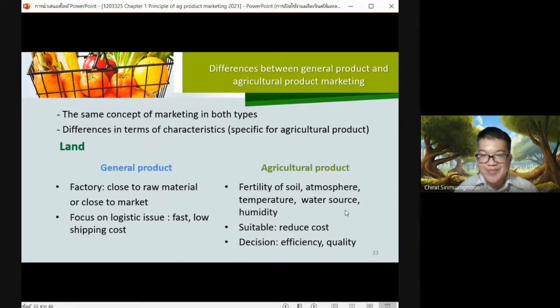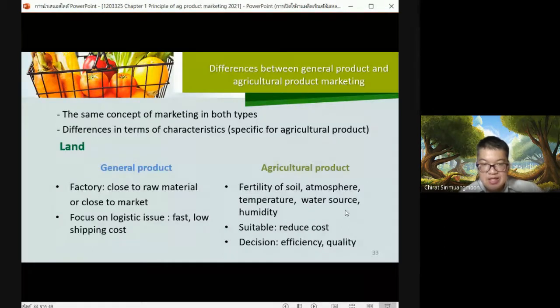It should have a good atmosphere, good temperatures, enough water, and suitable humidity to make agricultural products. For example, if you want to produce strawberries, it should be produced in the northern part of Thailand. But if you want seafood products, you should think about the southern part of Thailand.